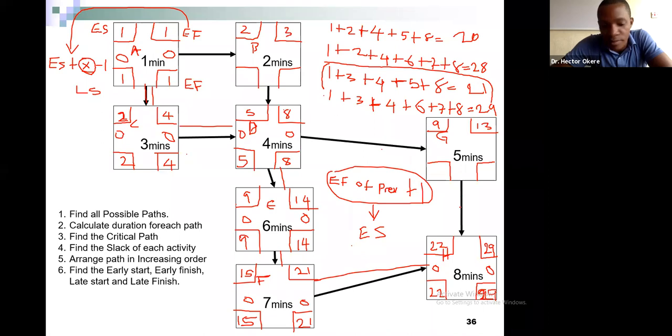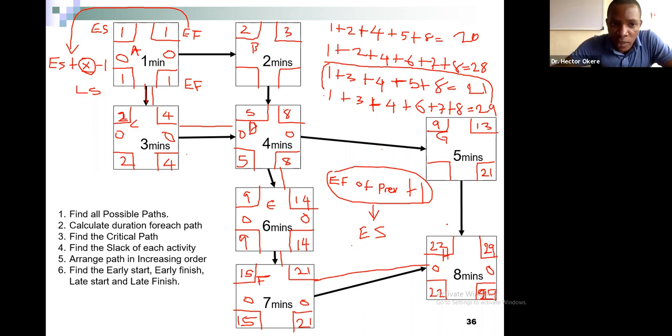All right? So here now, you have 2 for early finish, right? 22 here. So 22 minus 1 will be 21. So 21, because we are going backwards now, okay?